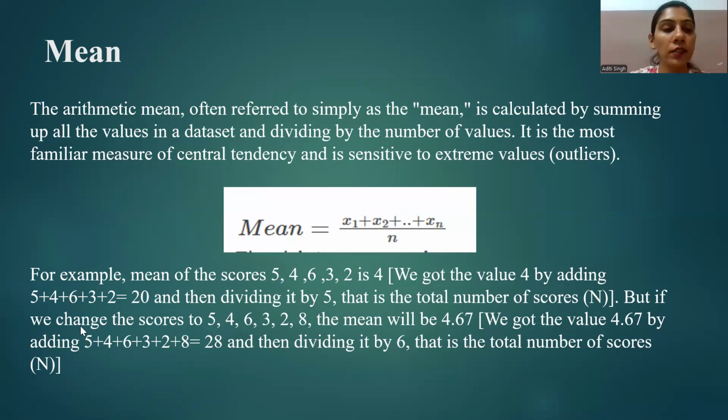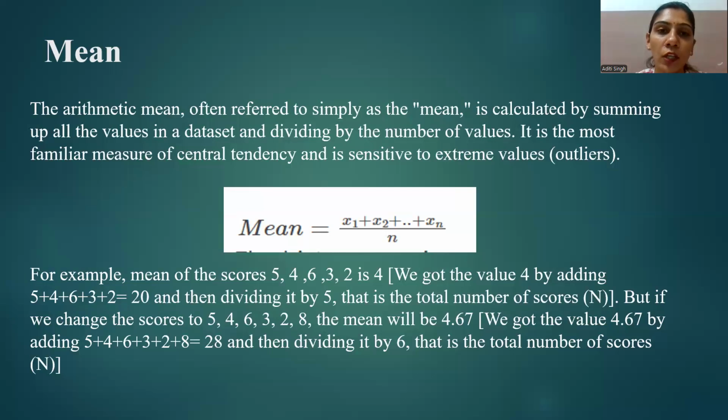As you can see in this example on your screen, the mean of the scores 5, 4, 6, 3, and 2 is 4.